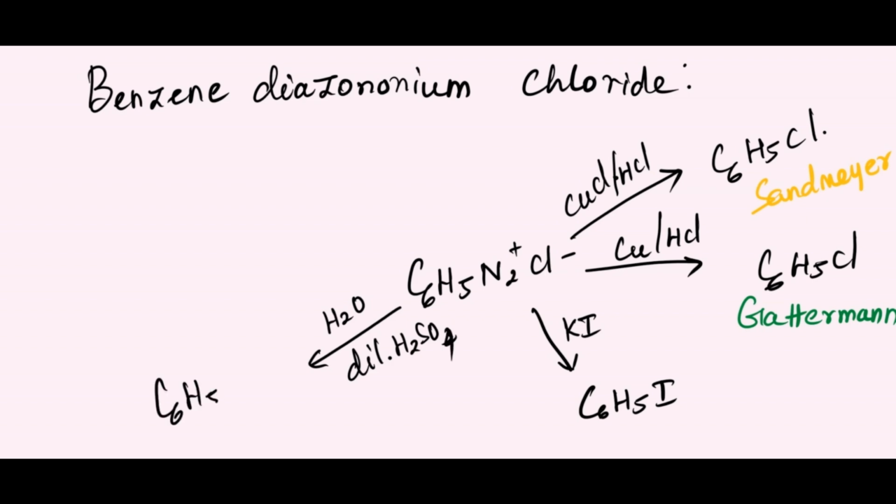That will produce C6H5OH. Then with H3PO2, this reaction is important. C6H6, benzene, is formed at the end of the reaction.